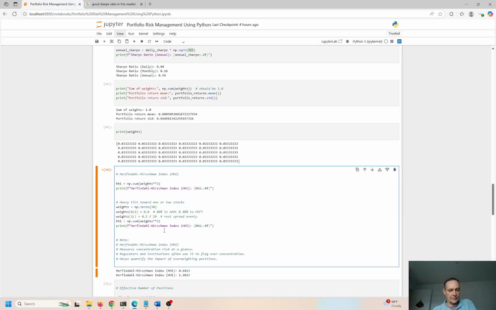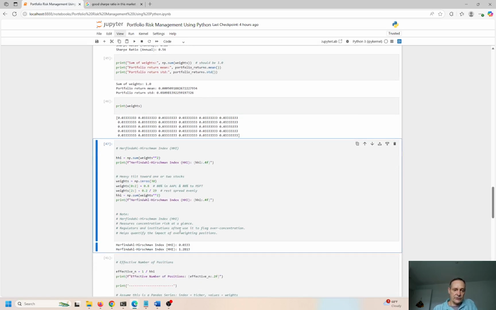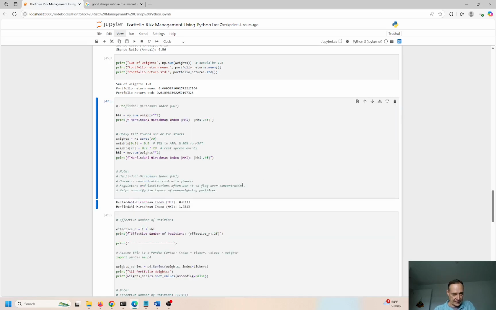Okay, so if I print out the results here, the HHI measures concentration of risk at a glance. Regulators and institutions use it to flag over concentration in a portfolio, and it helps us to quantify the impact of overweighting positions. Okay, so there's a few different ways to do this. You can look at the beta of the securities in the portfolio. You can look at the HHI.